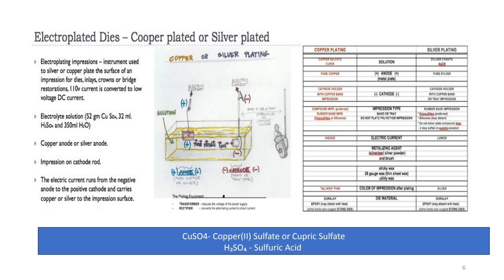So the current that runs from the negative anode to the positive cathode carries either the silver or the copper particles, which get deposited on the impression surface, okay? Like I said, this is not something that is done routinely in the lab today, but it used to be done, and it's something to know because this is a very accurate type of replicating die.